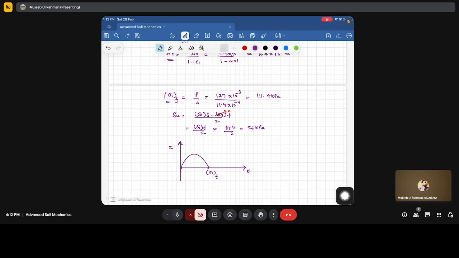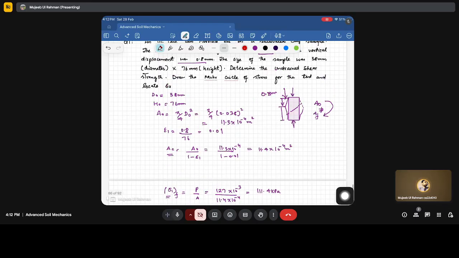Fine. So once we draw the Mohr circle, this point is actually our Su. When we determine the value of it, this will come out to be 56. If you do it on graph paper, you will get the same value. Correct?